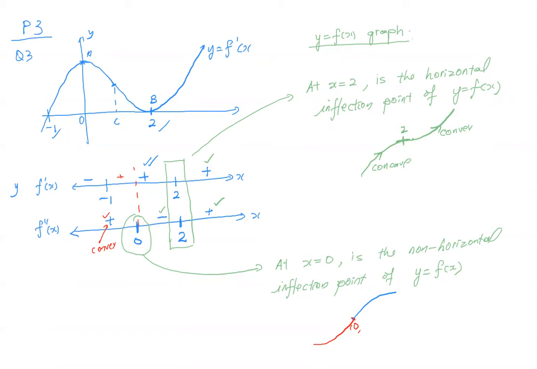The position is not important. So that means at this part, then this part will be like that. So it will turn here, so go down. Now I'm going to sketch my f x graph.